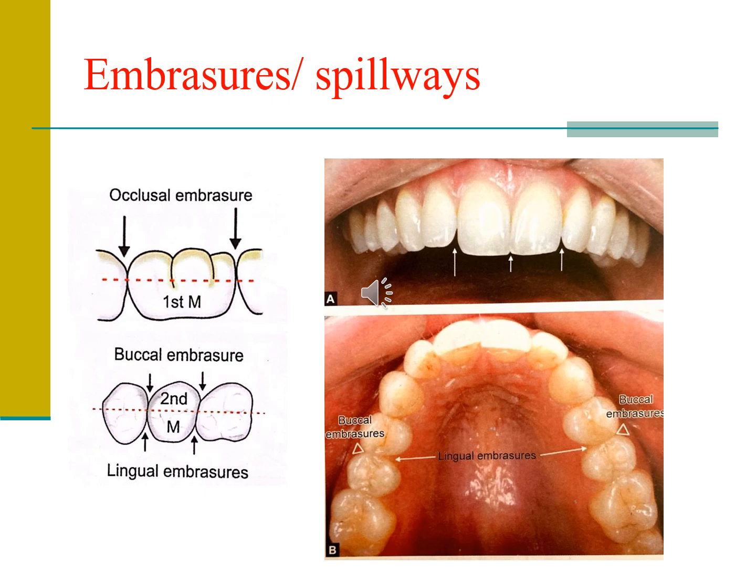This is an example, on the left, of the embrasures or spillway spaces of the first molar, the occlusal embrasures. And when you look from occlusally, at the teeth number 4, 5, and 6, you would have the buccal embrasures and the lingual embrasures of the multicuspids.